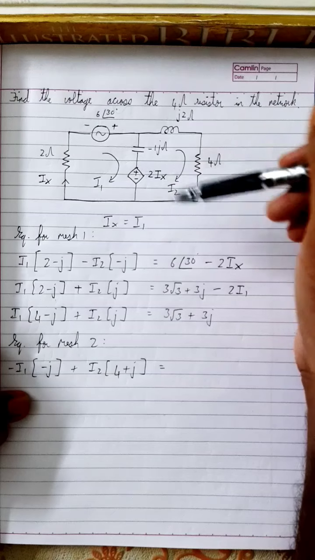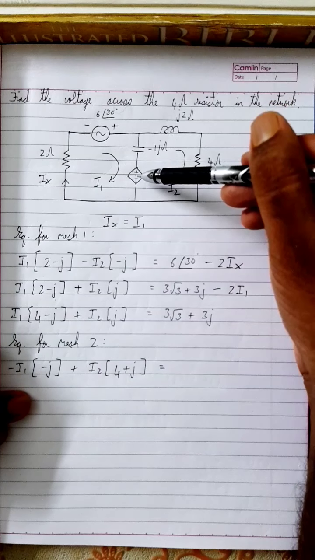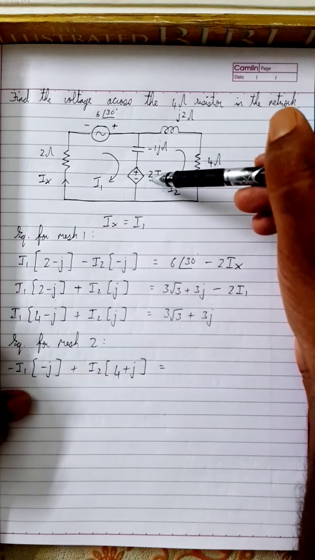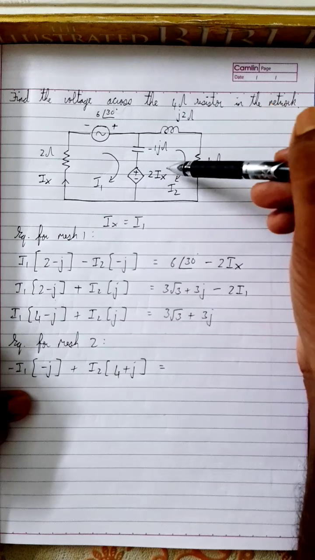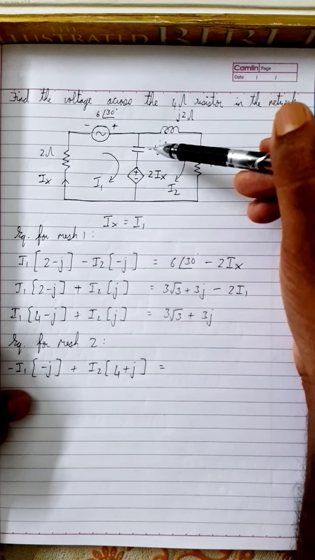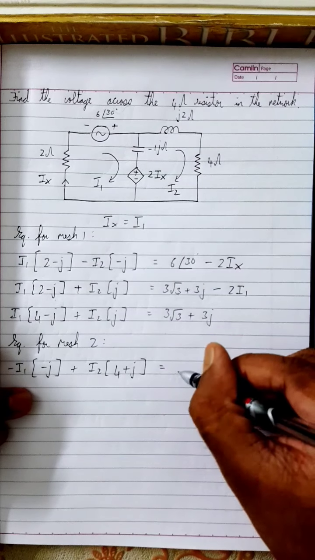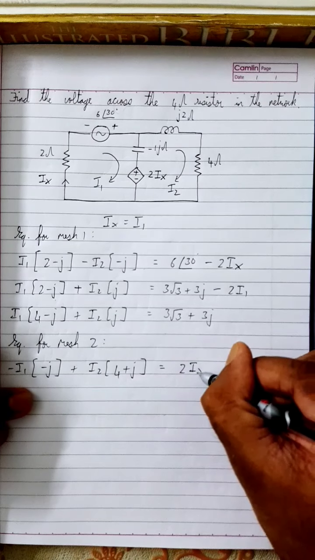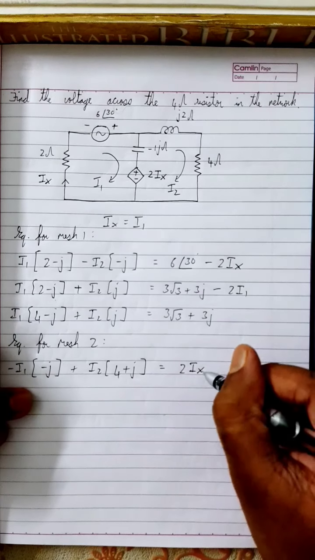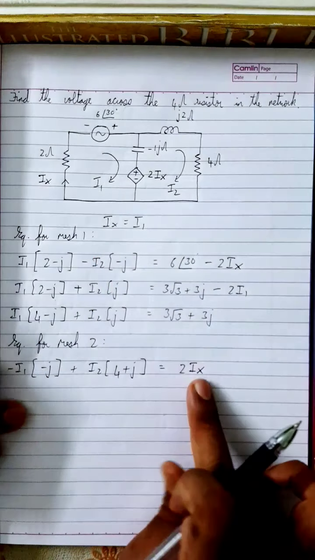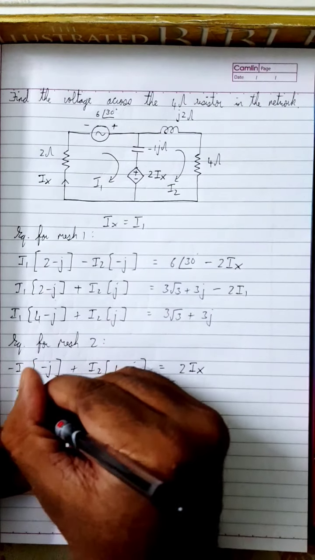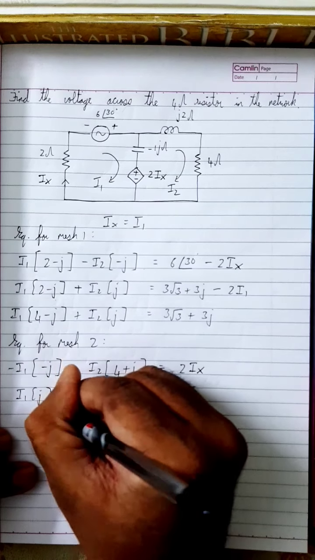Only this voltage source over here, and in this voltage source, I2 is coming out of the positive terminal, right? Which means this positive terminal is generating I2, which means 2ix is positive. But we already know that ix is I1, therefore I can write this as I1 into J. Minus of minus is plus, right?